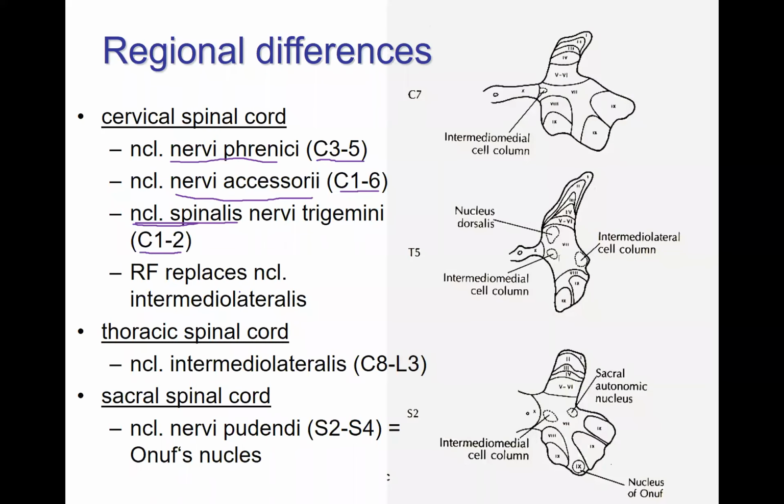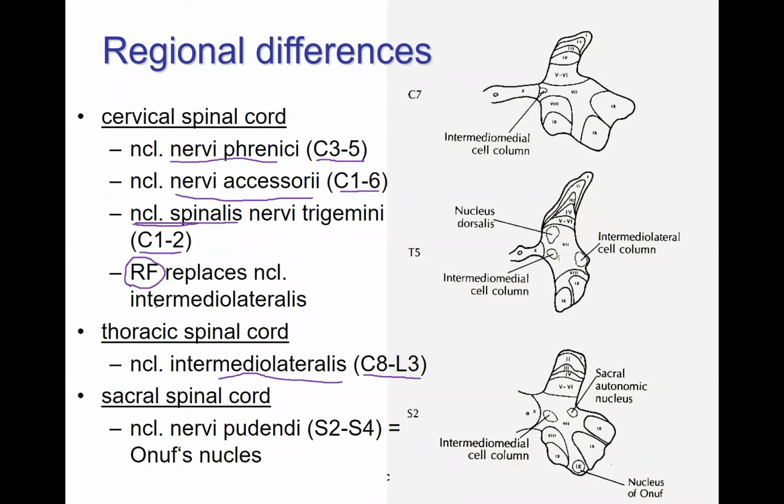Within the cervical spinal area, there is no lateral horn because the intermediolateral nucleus, sympathetic, starts at the level of C8. So from C1 to C8, in the lateral horn or intermediolateral column, there should be some structure, and the structure is an extension of the reticular formation from the brainstem.